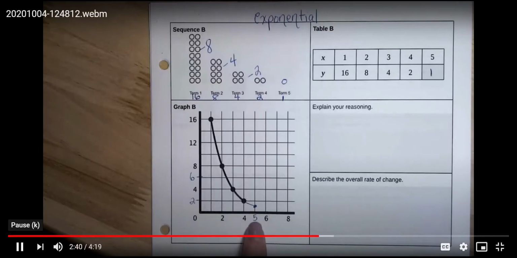So at term 5, we can plot 1 dot here, or a dot at 1. 1 would be halfway between 0 and 2. You have to see how your scale is being increased over here on the y-axis. So it's counting by 2's for every line. So right here, our dot would have to be halfway. So 5 is at 1.